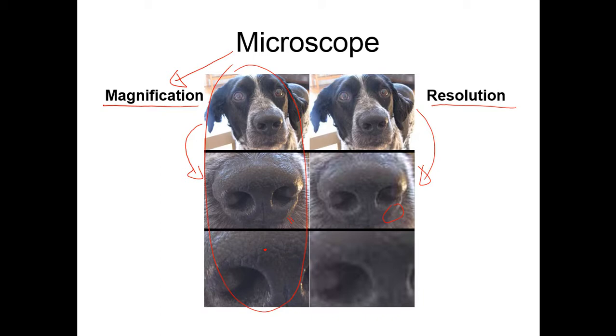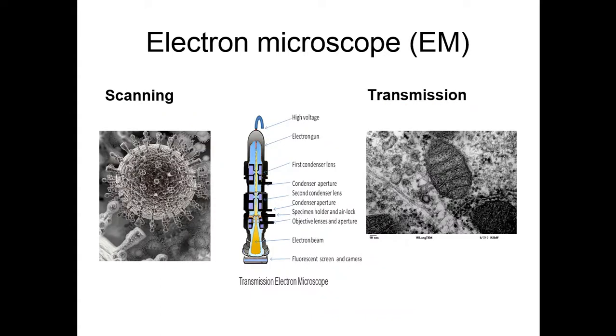Changing from the light microscope to another type of microscope, such as the electron microscope, was a big change. The light microscope could magnify at most 1,000 times, but the electron microscope can magnify millions of times.